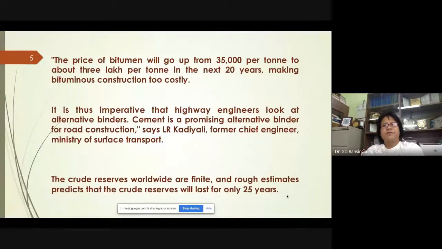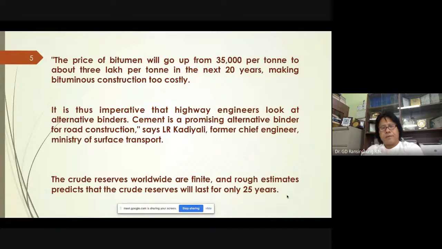So cement is a promising alternative binder for road construction, says L.R. Kadiali, former Chief Engineer, Ministry of Surface Transport. You must be knowing, he was a very famous engineer.